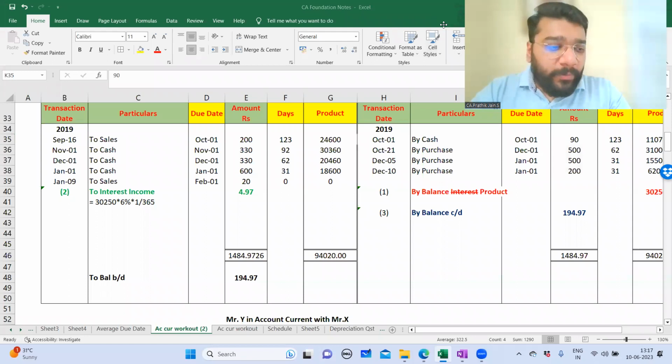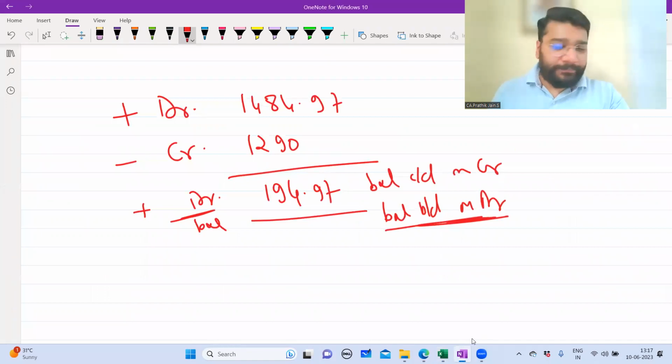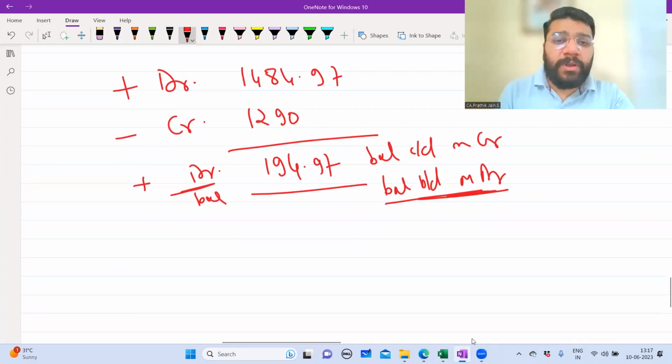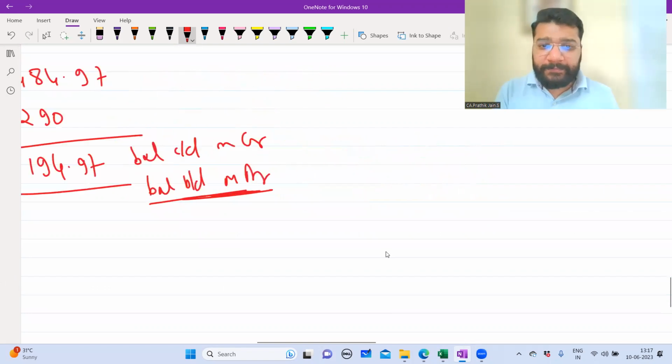Yes, people, welcome back from the break. So let's continue. Guys, before we went for the break, we understood how we calculate the account current statement under the forward method. So let's understand first of all how many different methods there are.